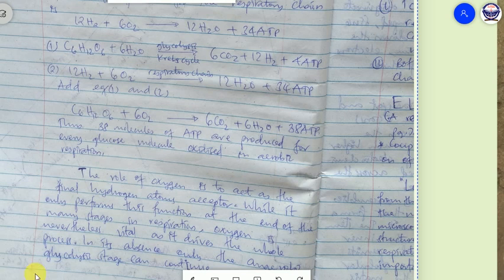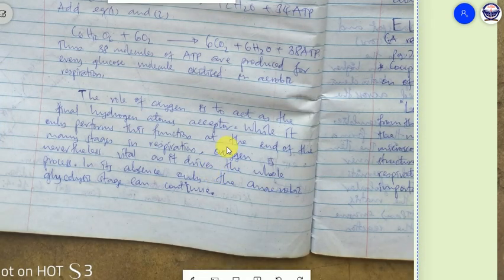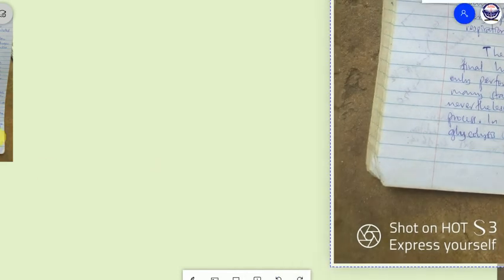Oxygen ina umuhimu mkubwa, lakini ukiulizwa what is the role of oxygen in respiration, unasema kwamba ina act as the final hydrogen atom acceptor. So in its absence only anaerobic glycolysis can continue.